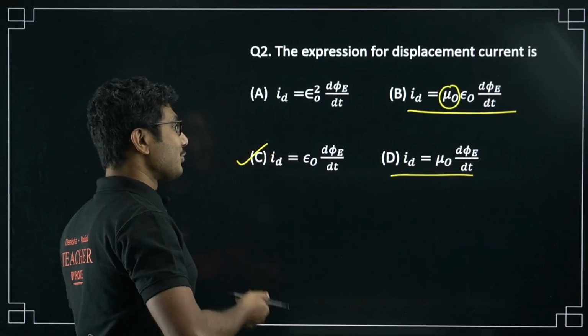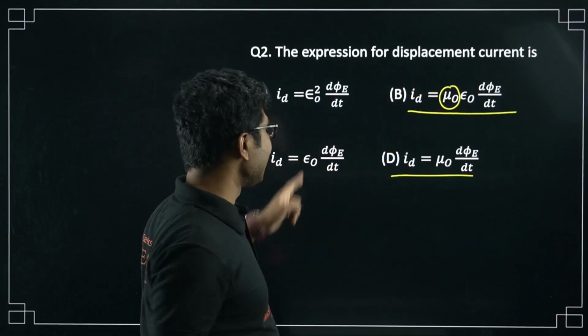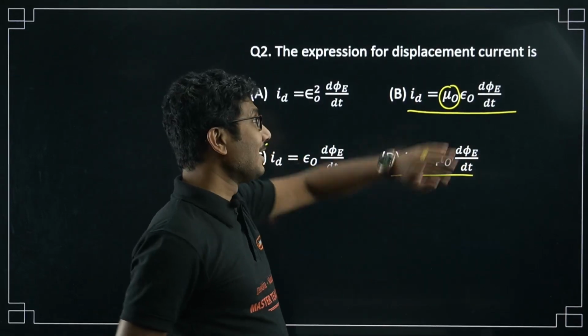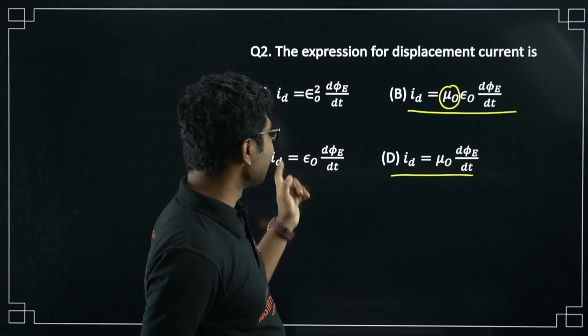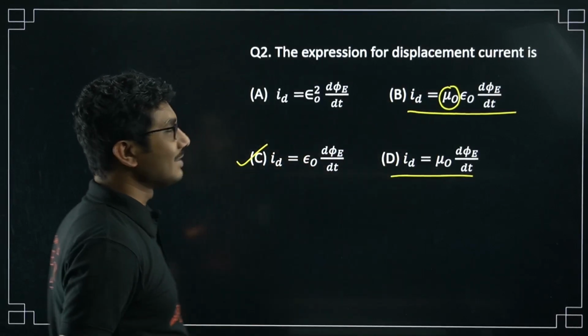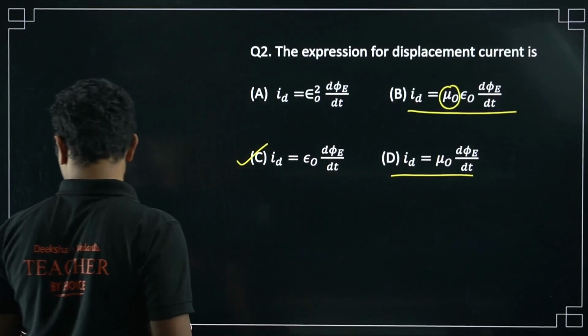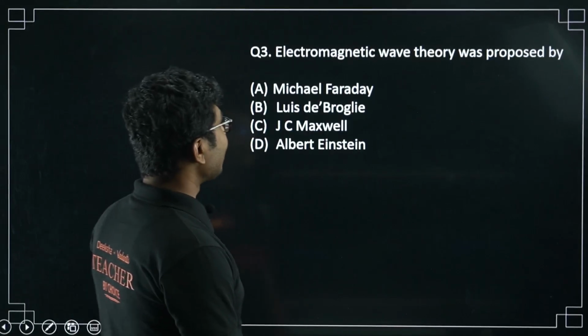Some students often confuse between this and this. I know this is not correct. Between this and this is the answer, because obviously this mu naught is coming from Ampere's circuital law.